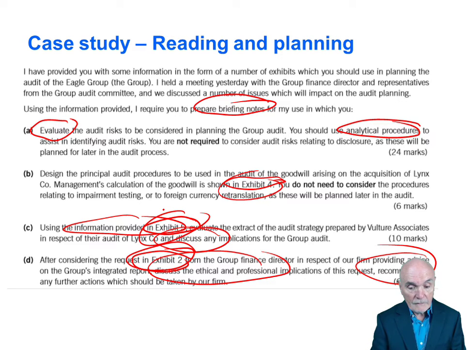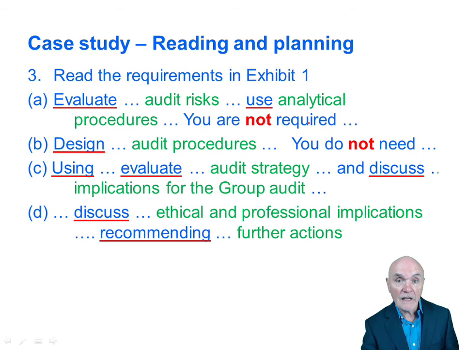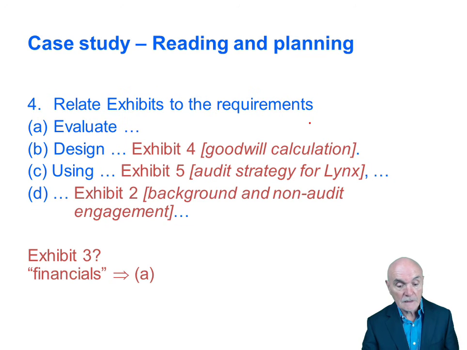The natural place, really, is to be thinking of analytical procedures. You need to look at the financials, make use of the financials, if you're going to be able to deal with the calculation of the analytical procedure ratios.